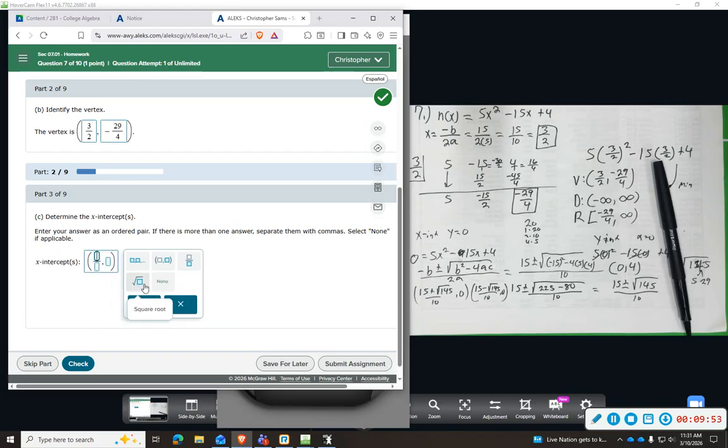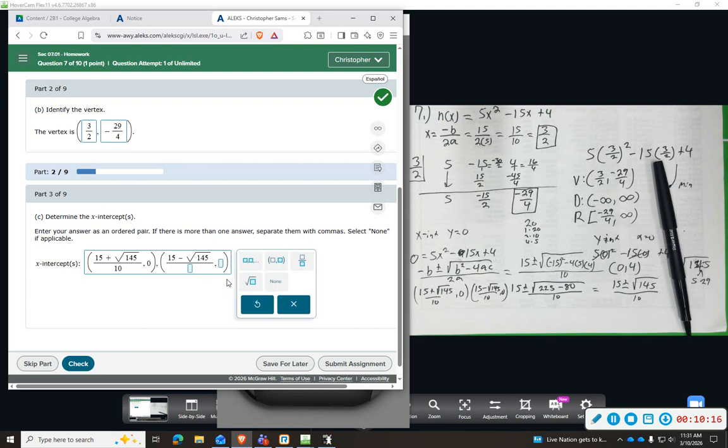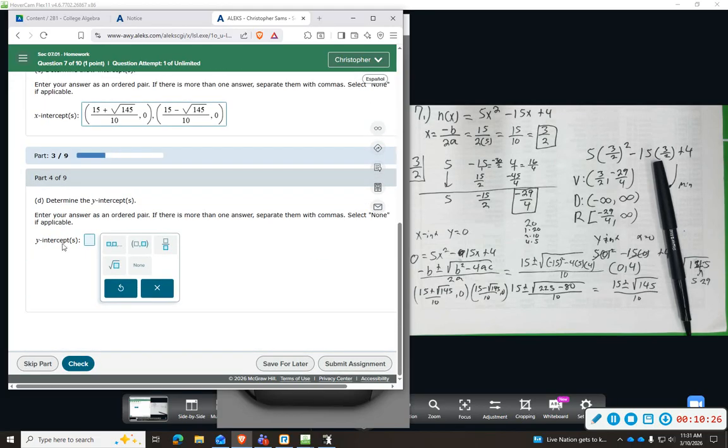I'll do the fraction first. 15 plus the square root of 145 over 10. The y-intercept, that was nice. We got (0, 4).